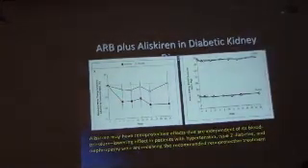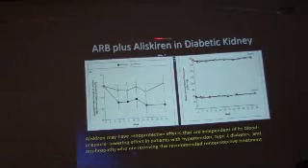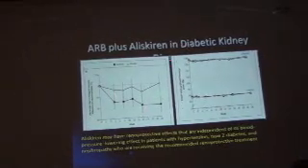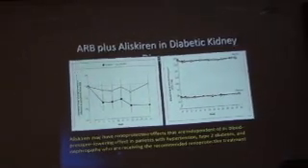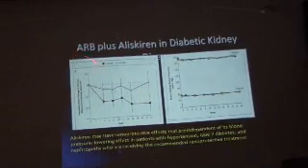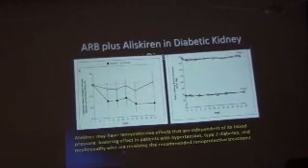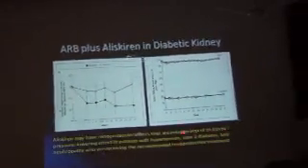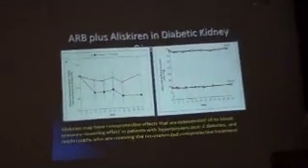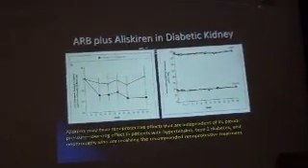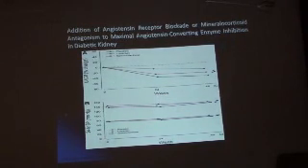This has led to renewed interest in direct renin inhibitors like aliskiren, and it has been found that when you combine aliskiren with an ARB, the rate of worsening of renal function is improved, independent of the blood pressure lowering effect. But we do not have robust data on mortality.